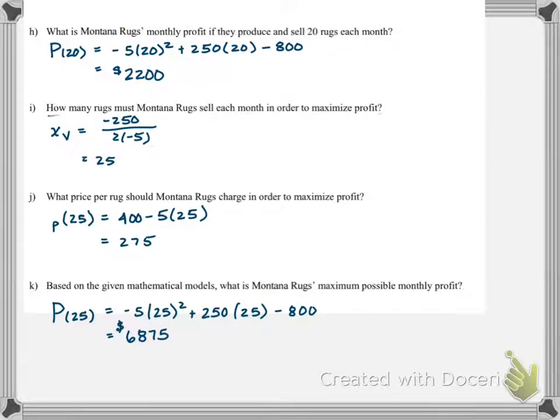Be a little careful here. Remember when we did revenue, we said once you find the quantity and the price, you can just multiply them to get the revenue. That's not true of profit, right? So we found that you would have to sell 25 rugs to maximize profit at a price of 275. That 275 is right? Okay. At a price of 275, multiplying 25 by 275 is not going to give you your maximum profit, right?